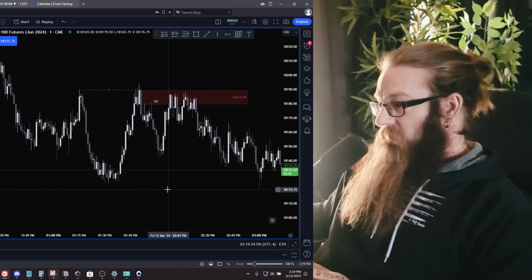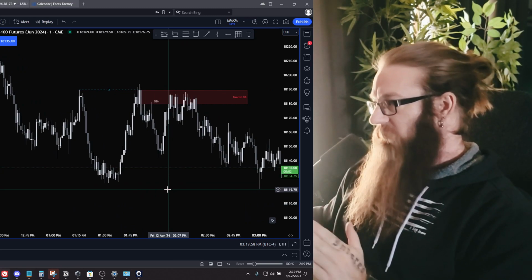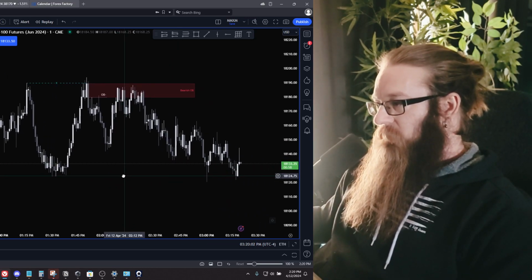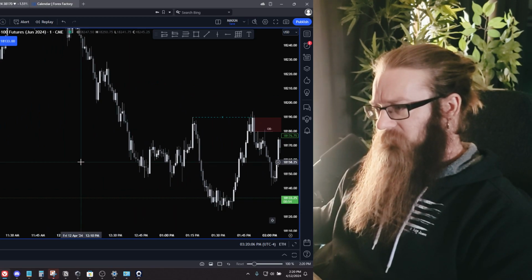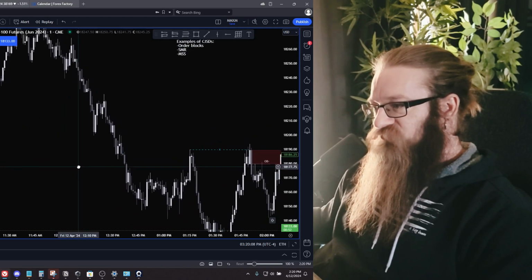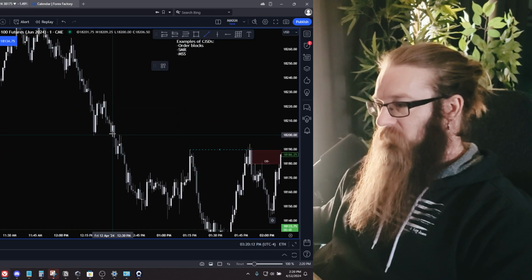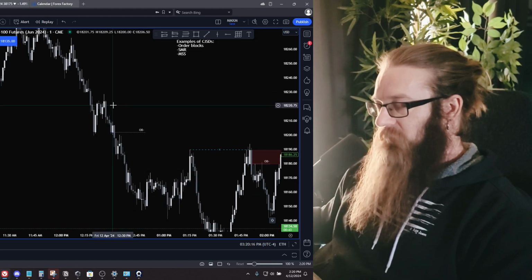Not every candle with a following candle that closes past it is an order block, but see if I can find one here. Yeah, right here. This is an order block. This up close candle.